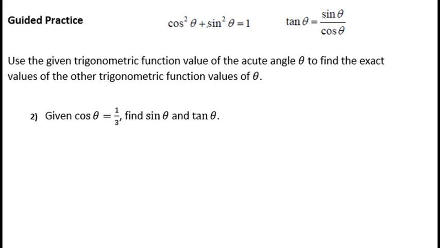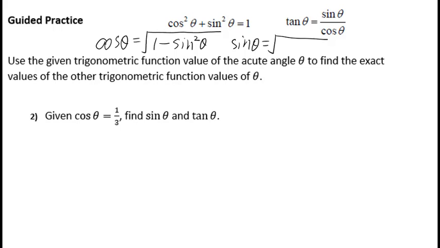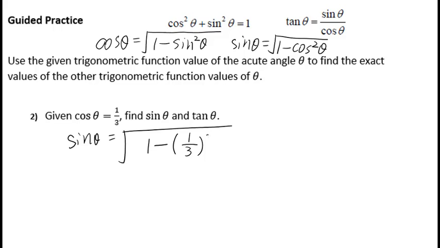For cosine squared theta plus sine squared theta equals 1, remember, cosine theta equals square root of 1 minus sine squared theta, and sine theta equals square root of 1 minus cosine squared theta. Therefore, for this sine theta, let's do 1 over 3 squared.